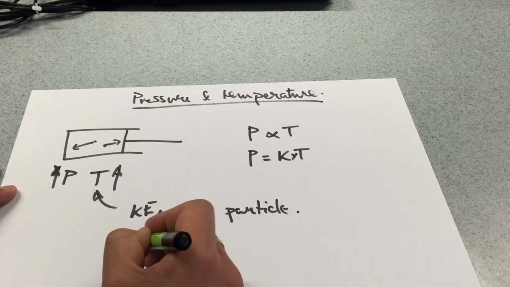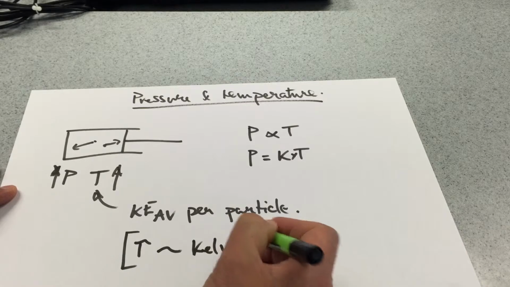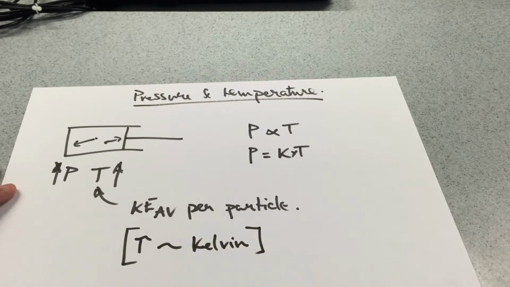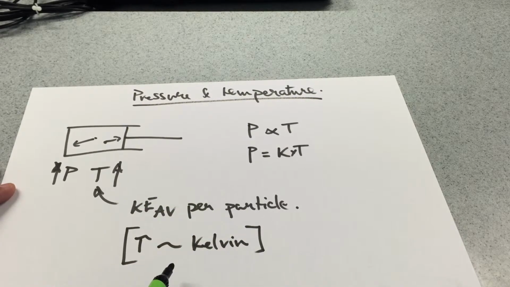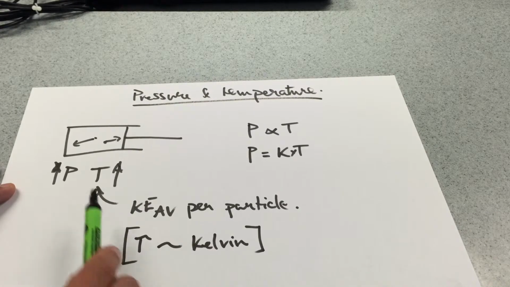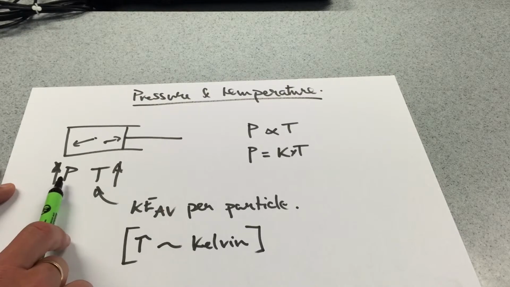So the temperature must be in Kelvin. We're going to take temperature in Kelvin to appreciate this better. Or indeed, you can start your number line behind 0. So remember, if there's no temperature in terms of Kelvin, there is no pressure.